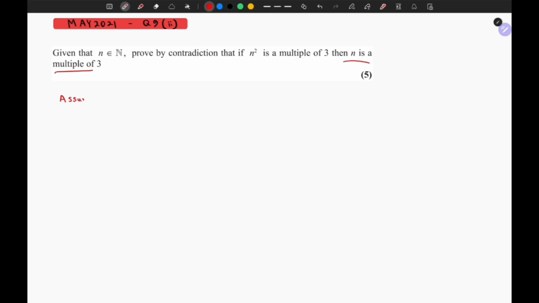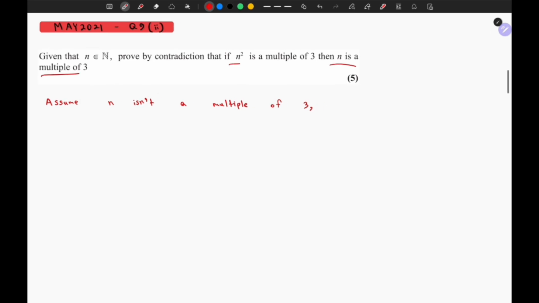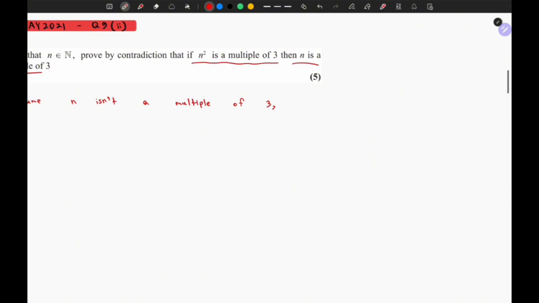So assume n isn't a multiple of 3, so n square will be a multiple of 3.